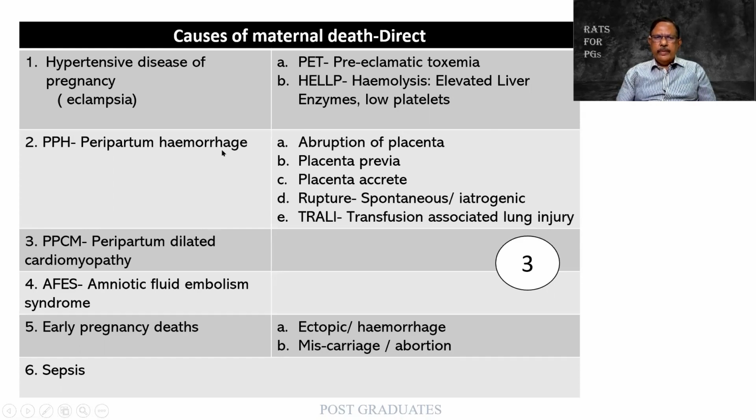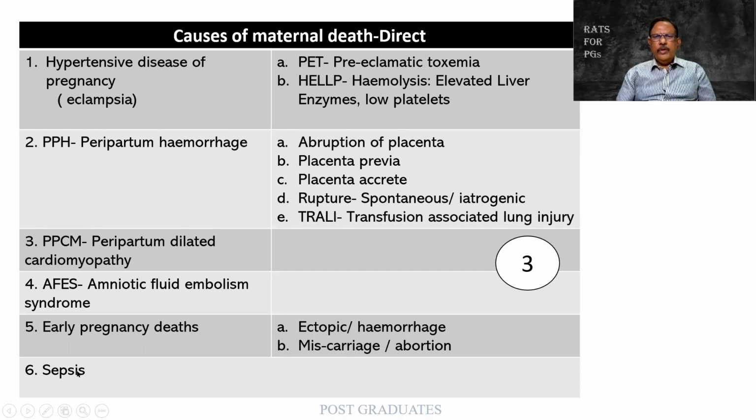Peripartum hemorrhage, which was shown in the earlier slide, includes abruption of the placenta, placenta previa, placenta accreta, rupture, spontaneous or iatrogenic, TRALI, transfusion-associated lung injury. Peripartum dilated cardiomyopathy, amniotic fluid embolism, and early pregnancy deaths can be because of ectopic pregnancy or miscarriage or abortion.